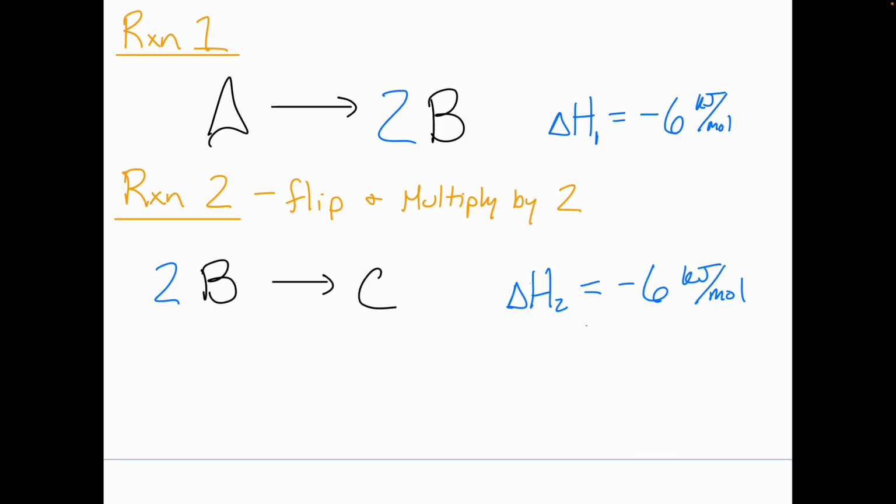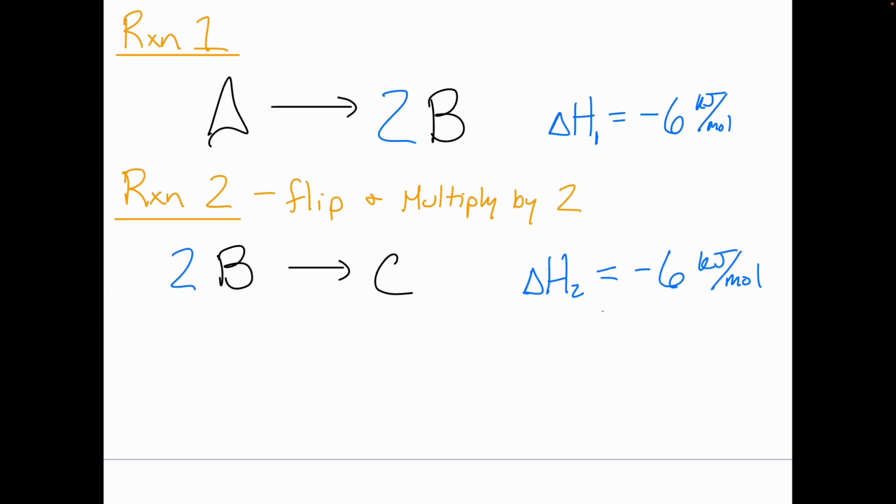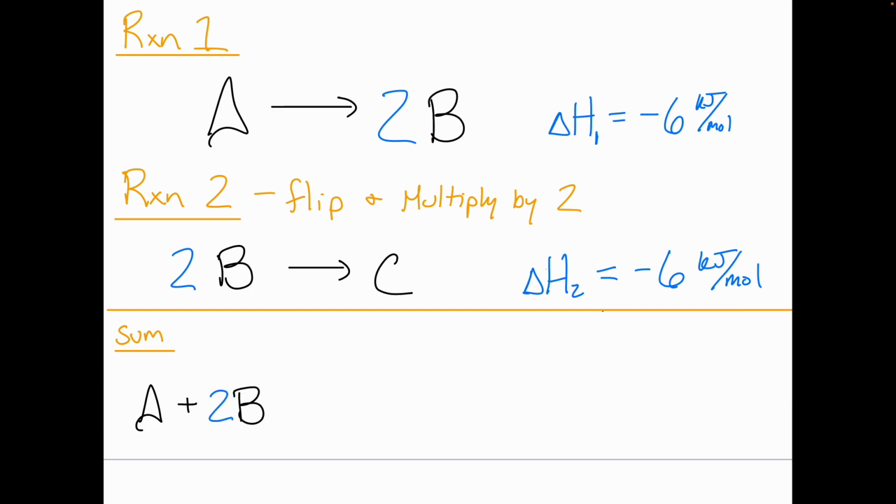Okay, so now at this point, if I sum up these two chemical equations, I get A plus 2B gives me 2B plus C. And what do I get to do? What can I get rid of? The B's.